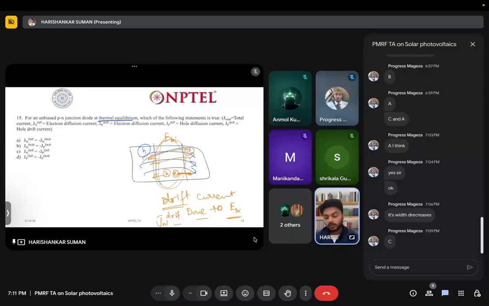Two currents are there: one is diffusion, the other is drift. Drift current is due to the built-in electric field, diffusion is due to the concentration gradient. They will balance each other at the equilibrium point, or they are equal in amount.